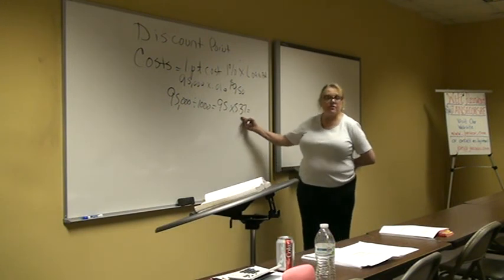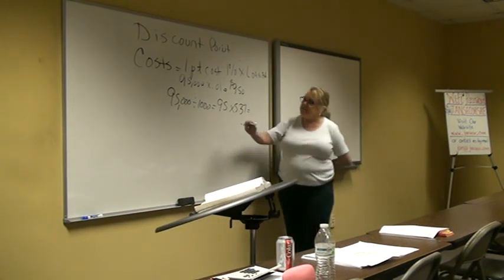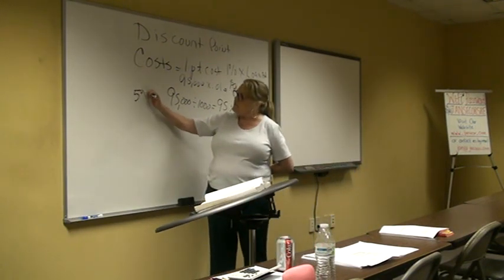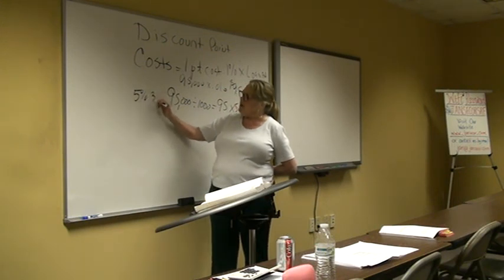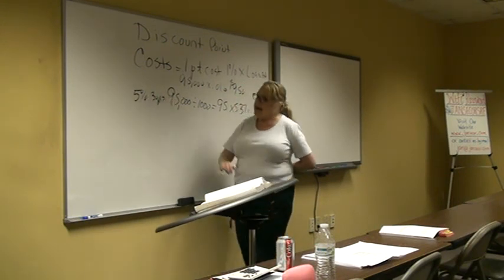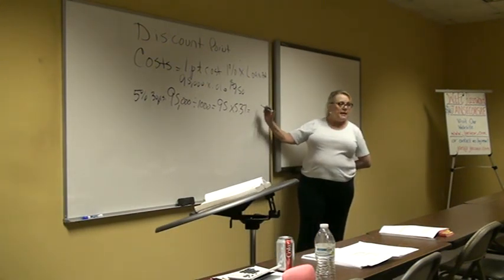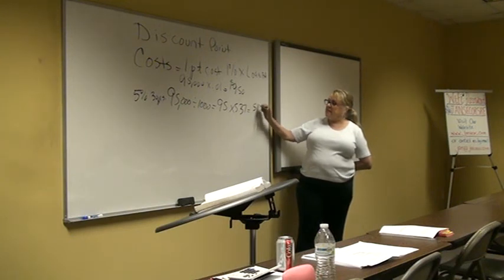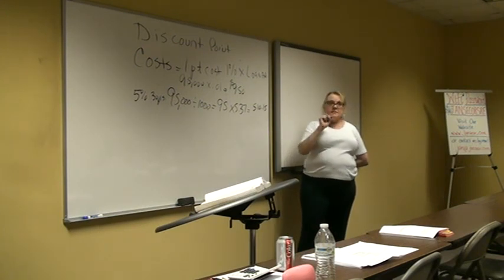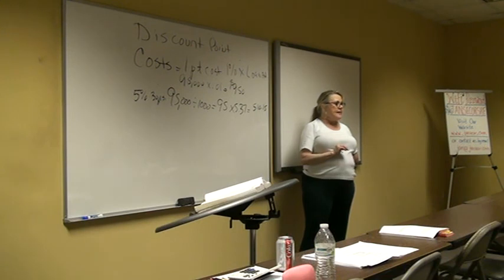Somebody figure that for me. If I get that 5% for 30 years, my payment's going to be 510.15.